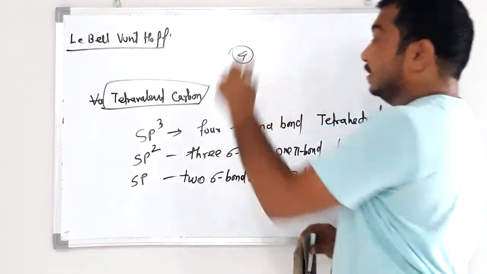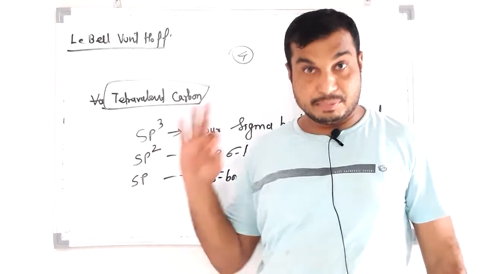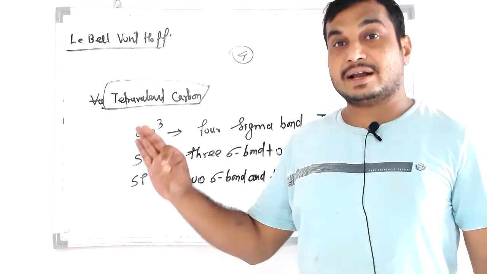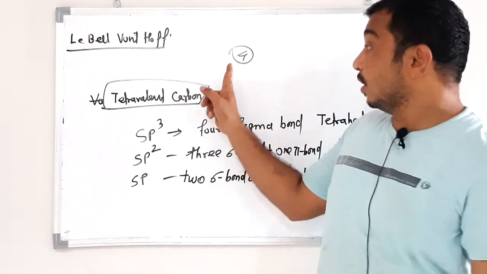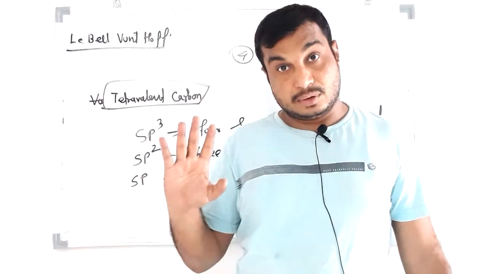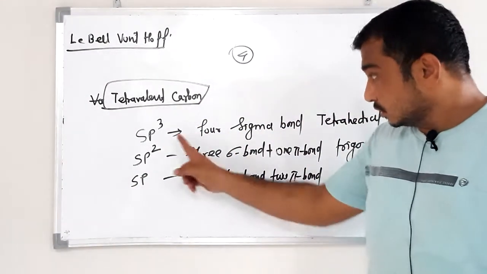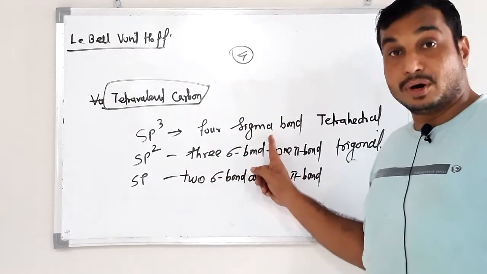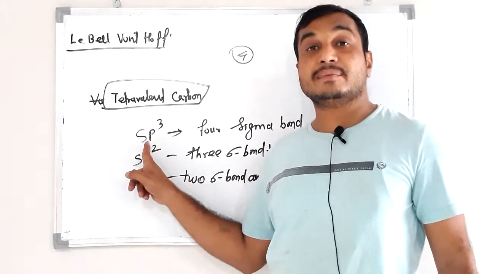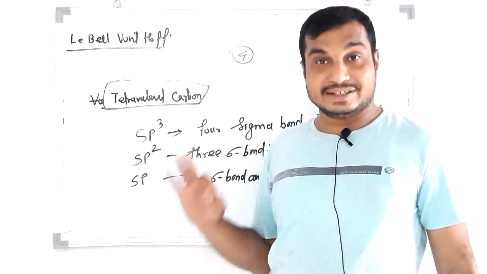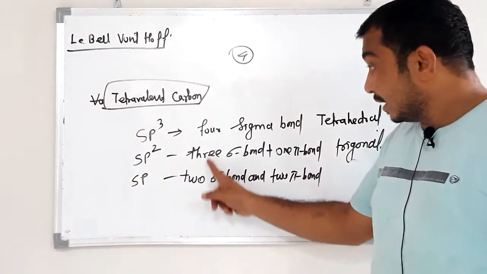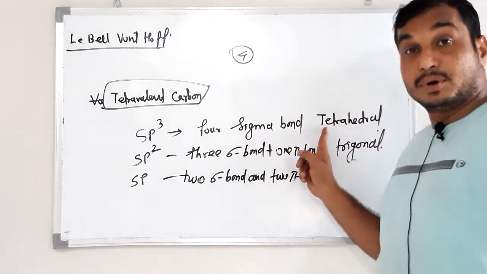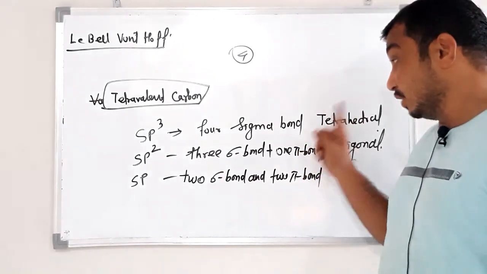Remember, our carbon is tetravalent, which means in any compound of carbon, the carbon must form 4 bonds. If the carbon forms 4 sigma bonds, then that carbon must be in sp3 hybridization and the geometry of that compound will be tetrahedral.